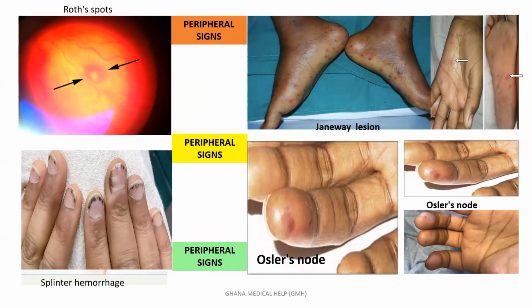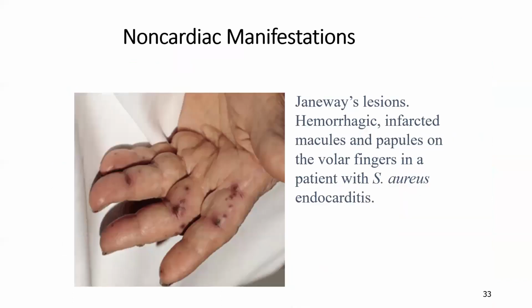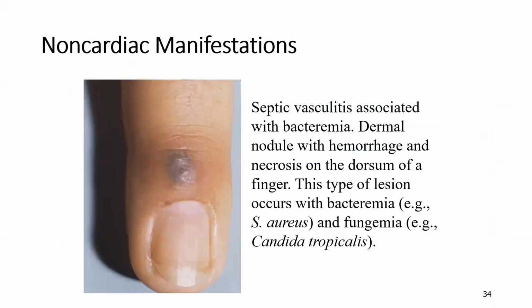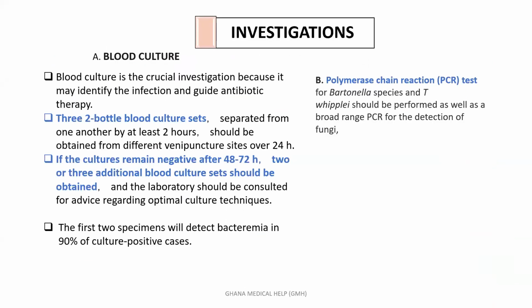We have the Osler nodes. The Osler nodes are also painful, and can be seen in the fingers. So these are the peripheral manifestations we've already discussed. And then we have non-cardiac manifestations. Okay, so let's move to the investigations.